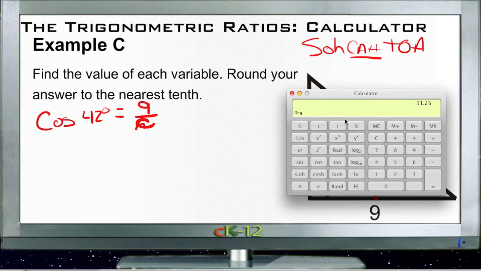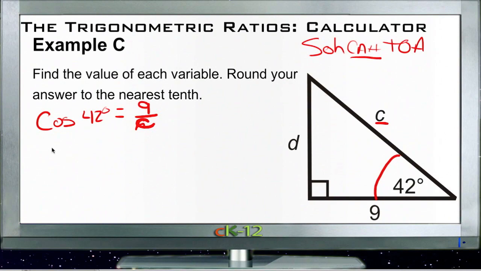So the cosine of 42 degrees, 42 cosine, 0.743. So we have 0.743 equals 9 over c. Now we can multiply both sides by c, and that'll cancel. So we get c times 0.743 equals 9.